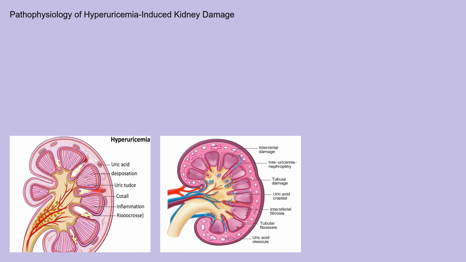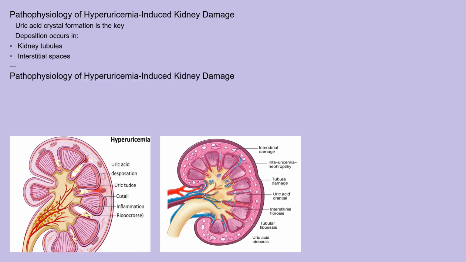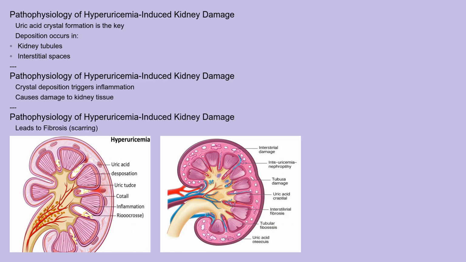Now let's delve into the pathophysiology, how hyperuricemia actually damages the kidneys. The key player here is uric acid crystal formation. When uric acid levels are chronically elevated, these crystals can precipitate in the kidney tubules and the interstitial spaces, the areas between the tubules. This crystal deposition triggers inflammation and damage to the kidney tissue. Over time, this leads to fibrosis, or scarring, which impairs the kidney's ability to filter waste and regulate fluid balance.